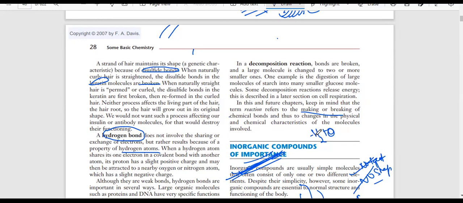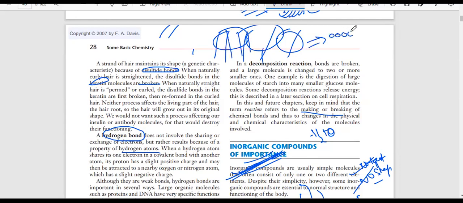So basically, in a decomposition reaction, bonds are broken and large molecules are changed into small molecules. Here we have large molecules, and they are broken into small molecules. This is happening due to the decomposition reaction.